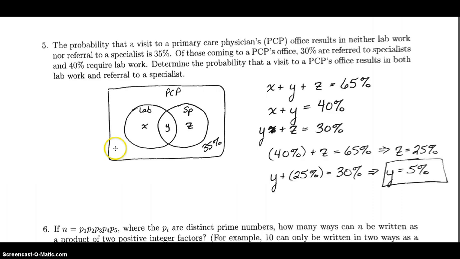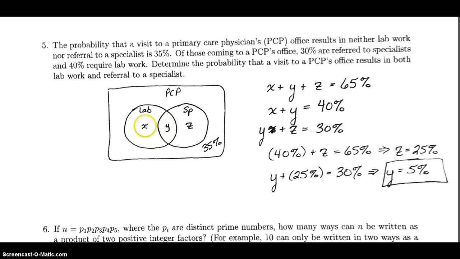We also know that this total is going to be 100%. So we know that x, now x here, x is the area in this kind of moon shape. X is not the percentage in that total circle. That total circle would be x plus y. If you label x as that total circle, it's going to get very confusing in the diagram.